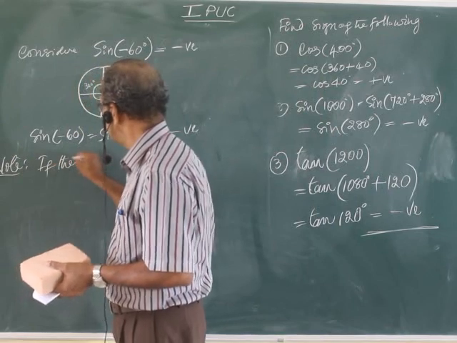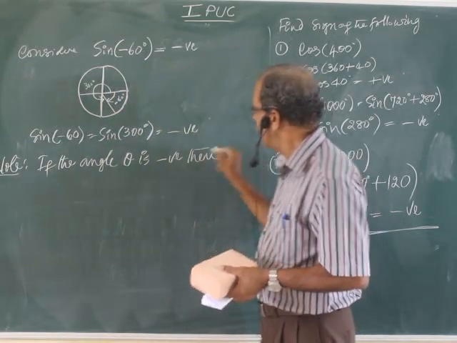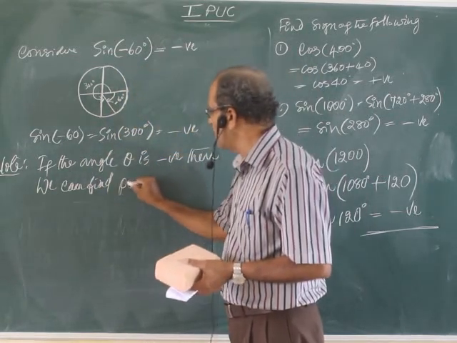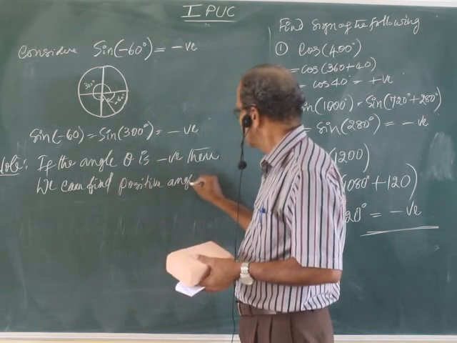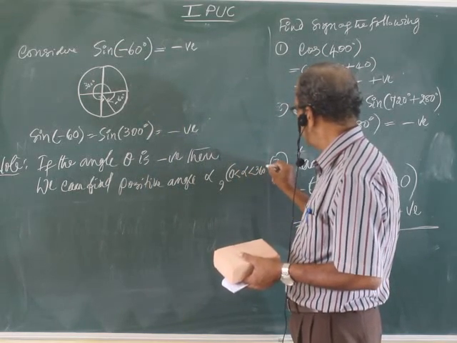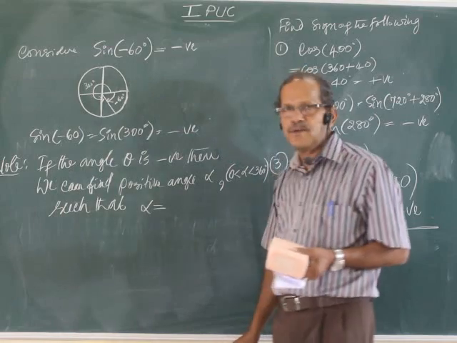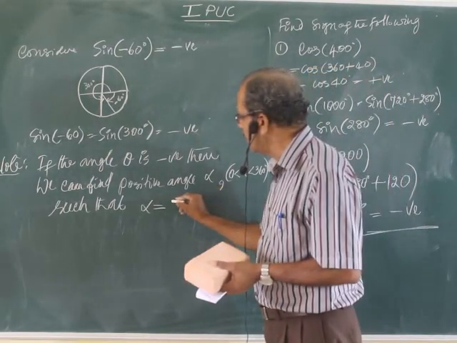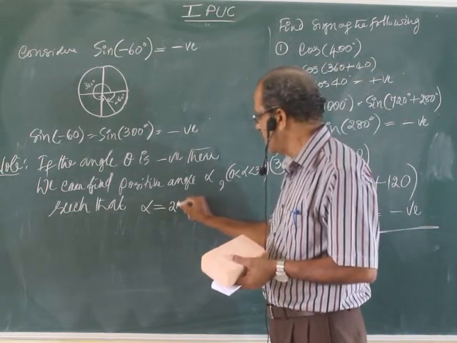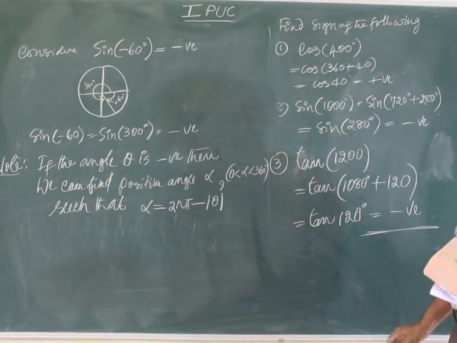If the angle theta is negative, then we can find a positive angle alpha less than 360 such that alpha equal to 2 n pi minus the absolute value of the given angle theta.